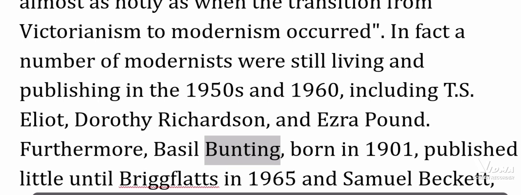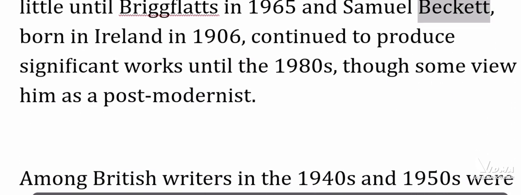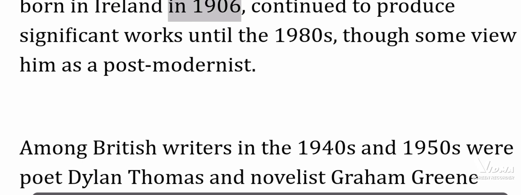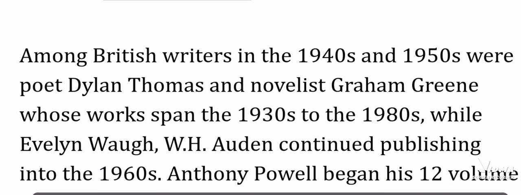Furthermore, Basil Bunting, born in 1901, published Briggflatts in 1965, and Samuel Beckett, born in Ireland in 1906, continued to produce significant works until the 1980s, though some view him as a postmodernist.